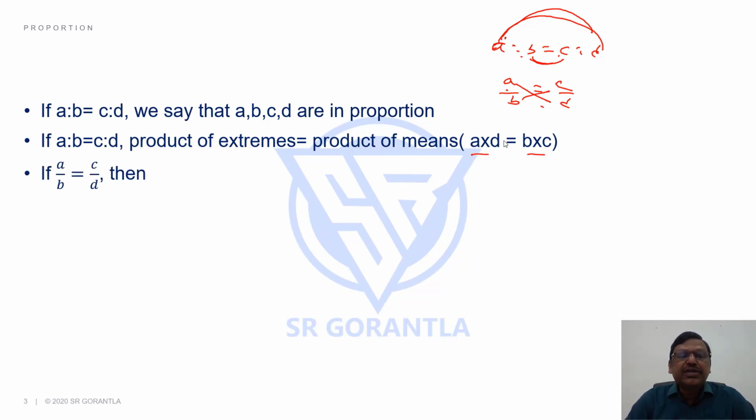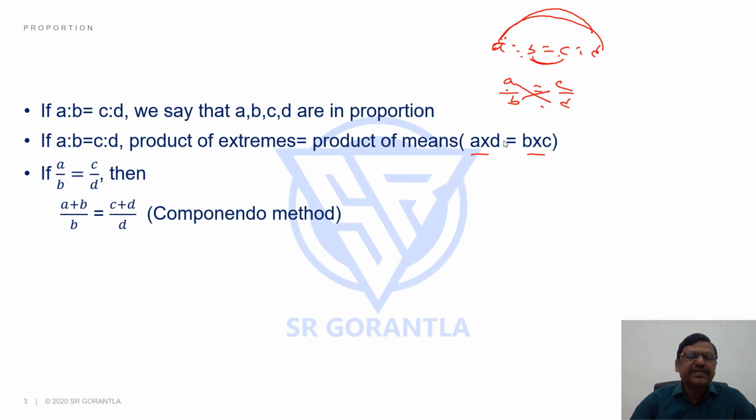Right. If A is to B or A by B is C is to D or C by D, then there are three important rules. First one is A plus B by B equals C plus D by D. This is called componendo method. How does this come? Since they are equal, if you add 1 to both sides, you can add the same number or subtract the same number.